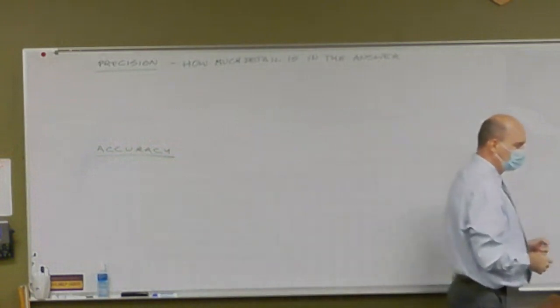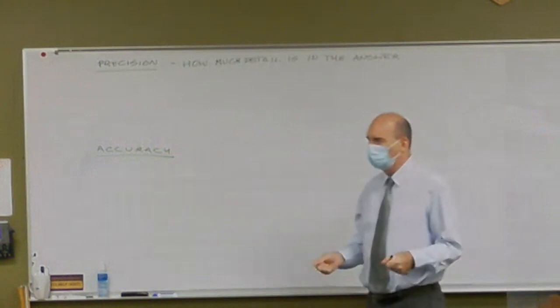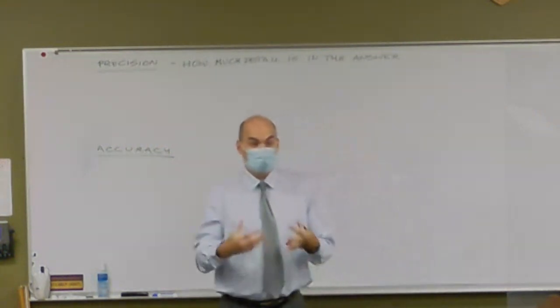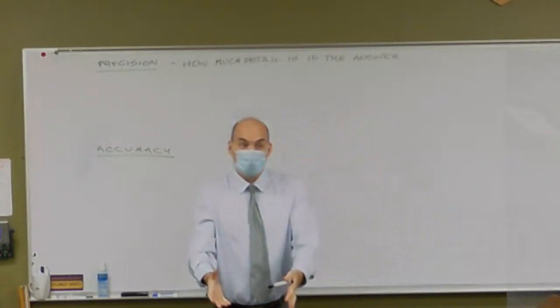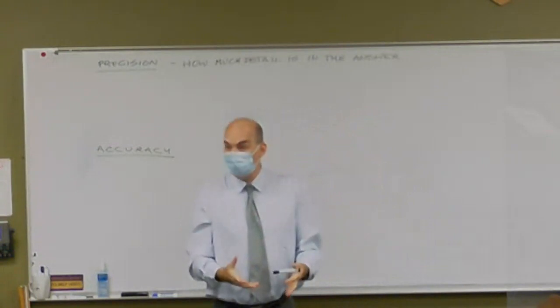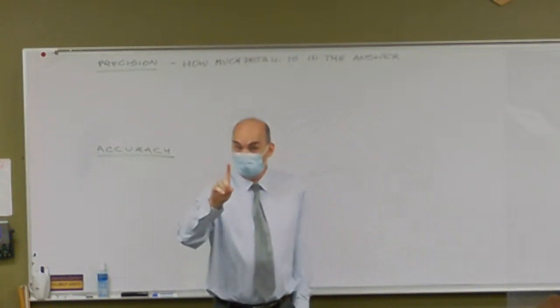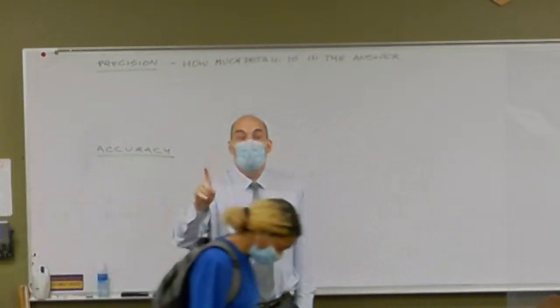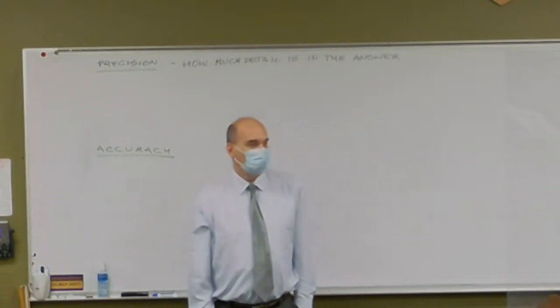When we take a measurement, and you're going to start doing this in lab next week, if I say, here's an object, go weigh it, and you weigh it at the balance, you've come up with one answer. Well, what if you did it wrong? Now your answer is guaranteed to be wrong.